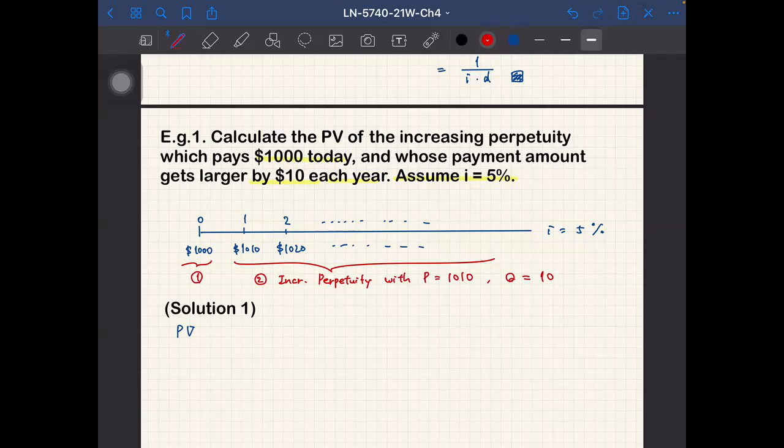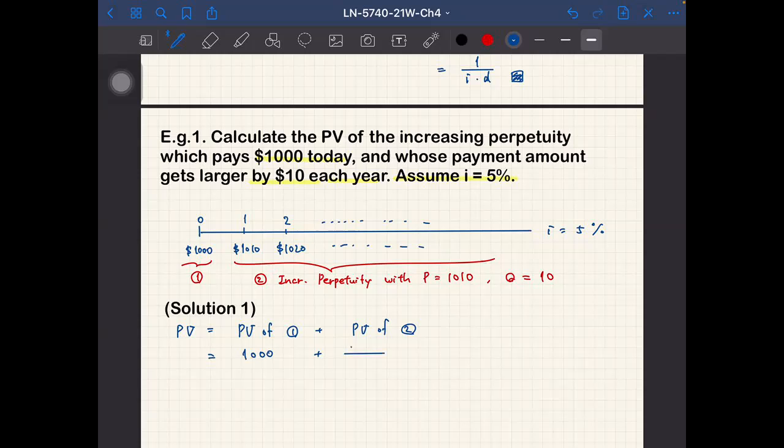So the present value is the present value of 1 plus the present value of 2. The present value of 1 is obviously $1,000. And for 2, by the increasing perpetuity formula, this is P over i plus Q over i squared.